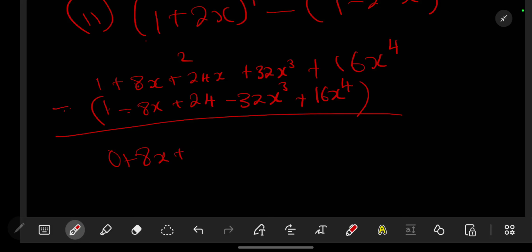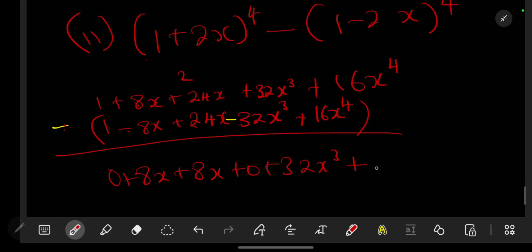Then negative by negative will be positive 8x. 24 minus 24 is 0. 32 minus negative 32, so we are going to have 32x cubed, because this negative and this negative are multiplied to become positive, so we say plus our 32x to the third.